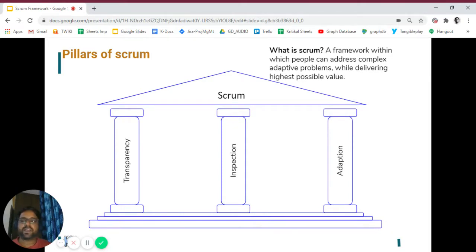Now, say we have developed or worked upon a user story, and let's say we have just designed and coded, but not tested its functionality, whether it is functional or not.